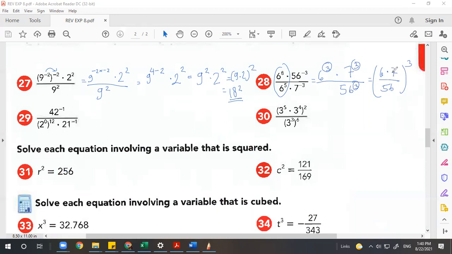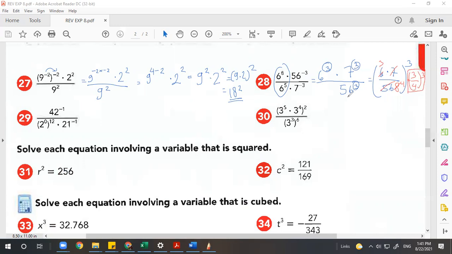What next we can try to do is just simplify. 7 and 56 is 8, right? And 6 over 8 is 3 by 4. Simplify the fraction. So 3 over 4 to the power of 3. That's the answer. Get it, Stacy?